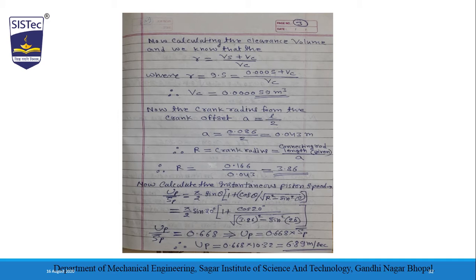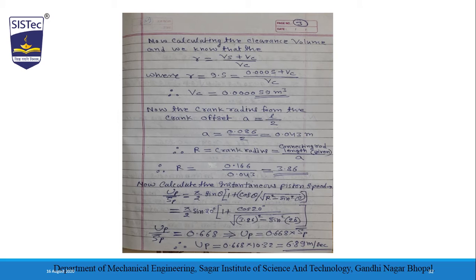With the help of this we get the clearance volume, that is 0.000059 meter cube.